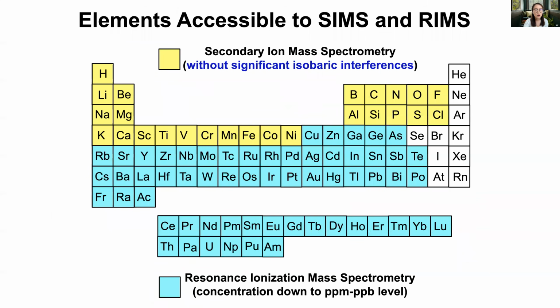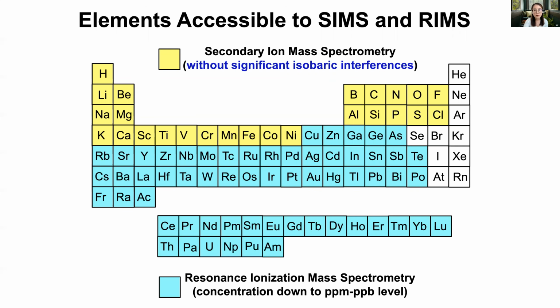As a result, SIMS instruments are suitable to measure isotopes of abundant elements in the light mass region without significant atomic interferences, while in contrast, the RIMS instruments are better at measuring isotopes of trace elements in the heavy mass region, where you expect significant atomic interferences, because RIMS instruments have a higher sensitivity and selectivity.